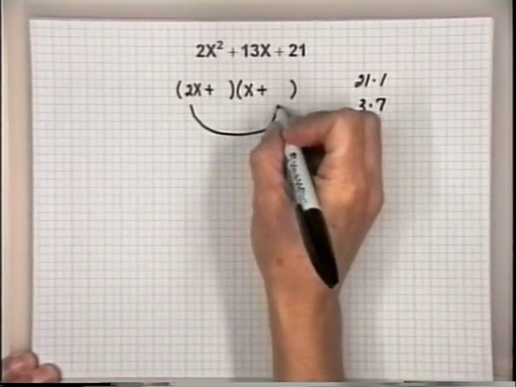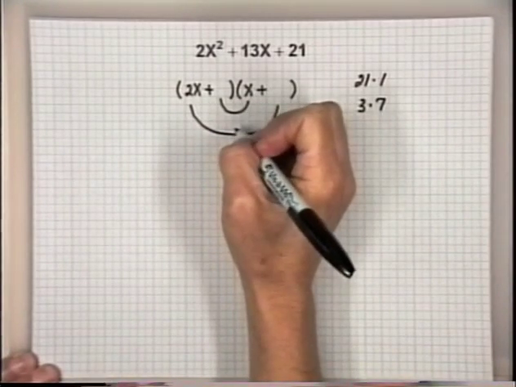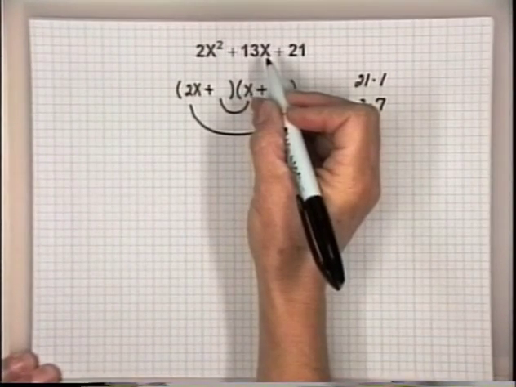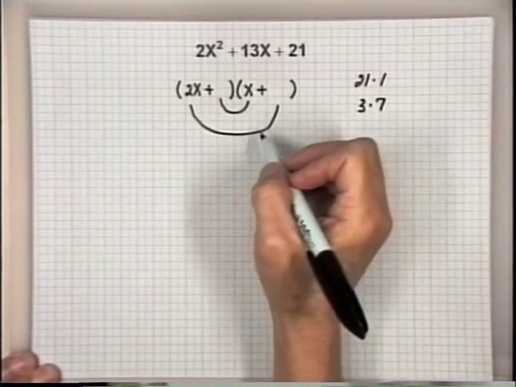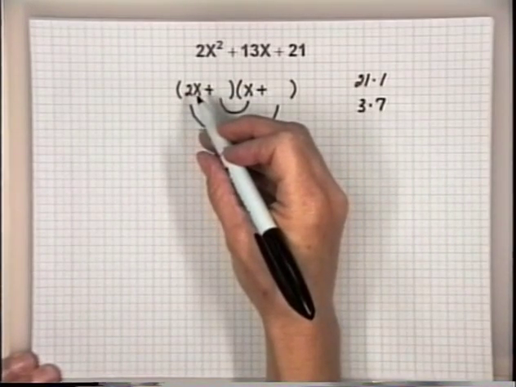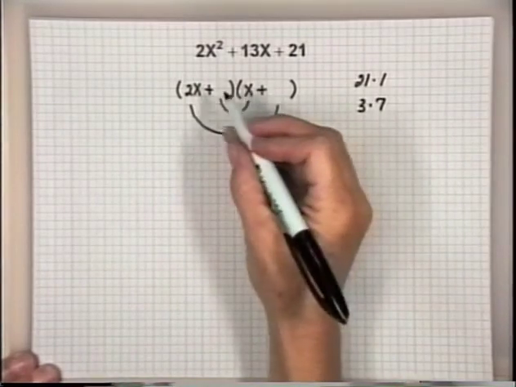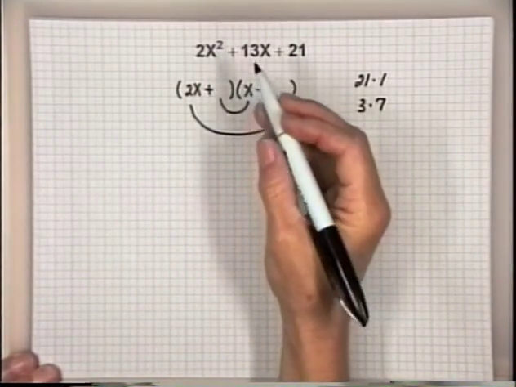Remember, the outside product and the inside product added together must give us 13x. The other thing to notice here is that the number that we choose to put here will be multiplied by 2x, so the number here will be doubled. Since both of these are plus signs, we will be adding these together to get the middle term.